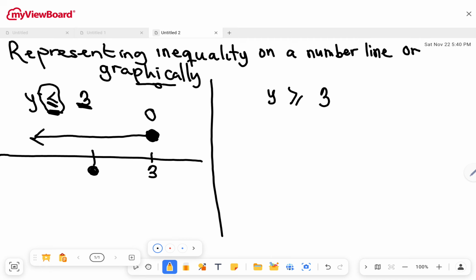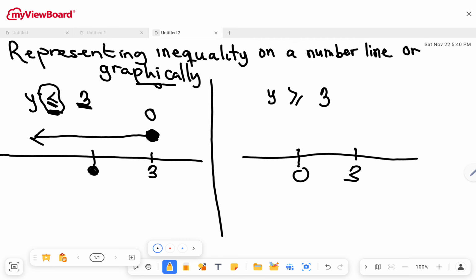Now let's see how we can represent y is greater than or equals to 3. So we have to draw our line as we did. I have to divide it into 2 with a 0 always. Now I have to indicate my positive 3. Positive numbers are always found on the right hand side.